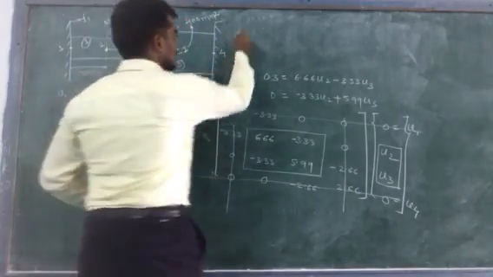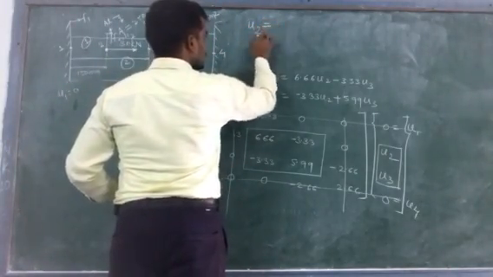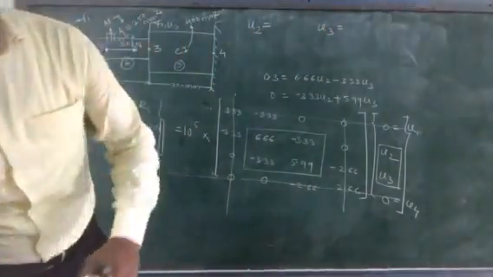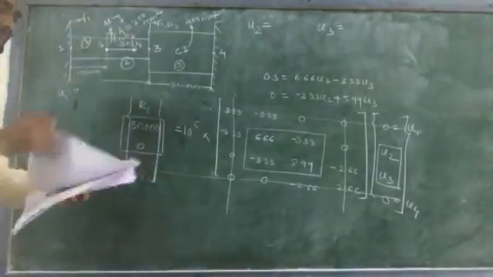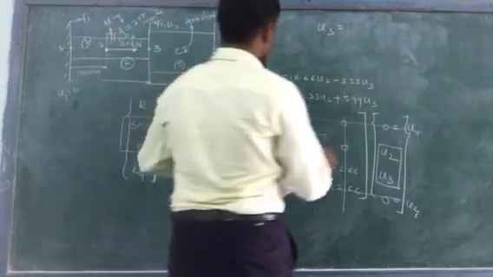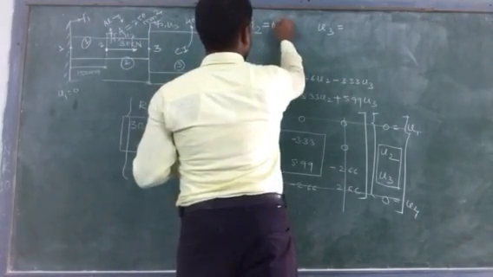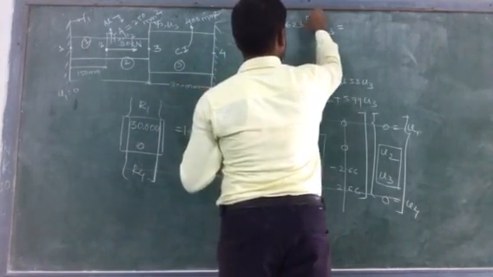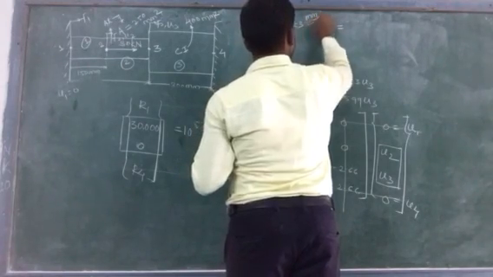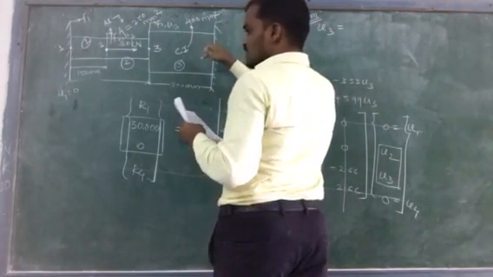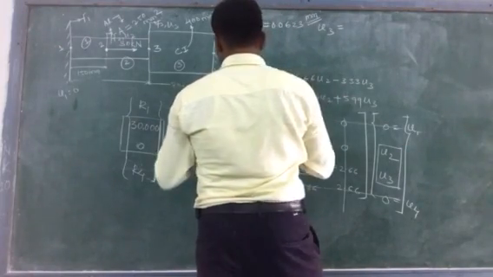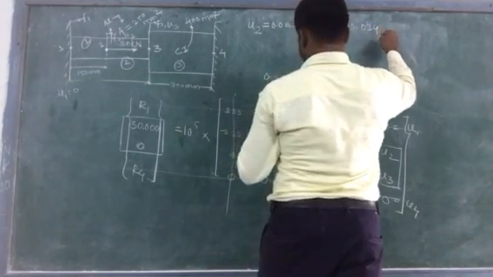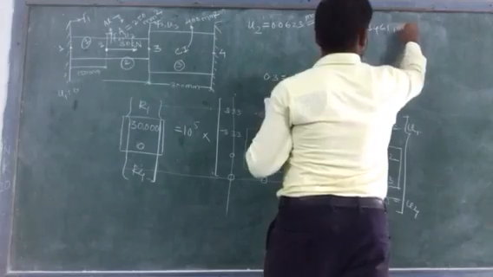So in this way, now you will get two equations, and by solving these two equations in calculus, you will get u2 and u3. The value of u2 is equal to 0.0623 mm, because you will get the values in mm only, as we have converted all the units into mm, and u3 is equal to 0.03461 mm.